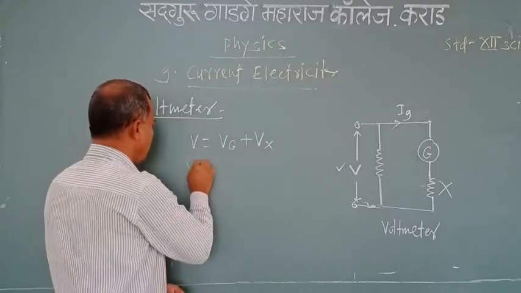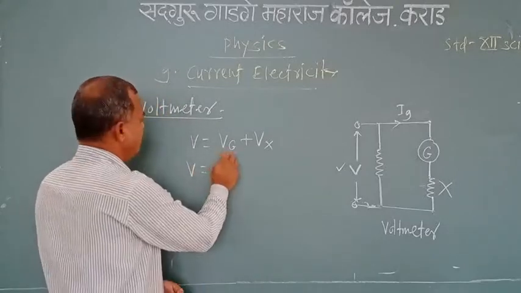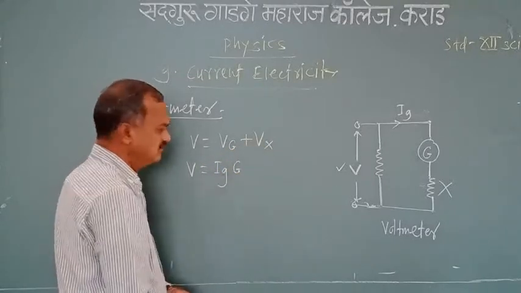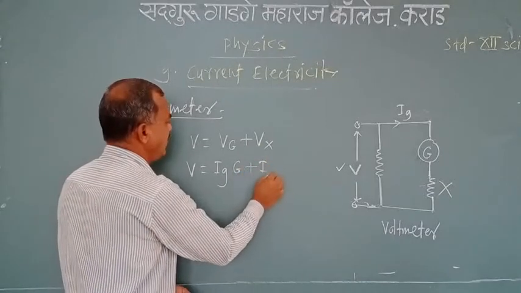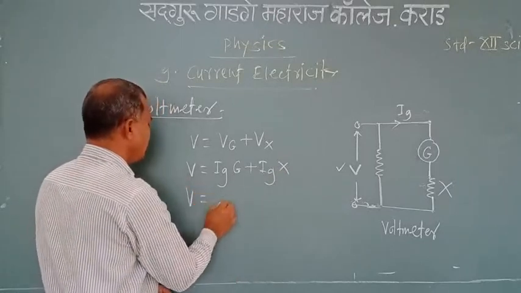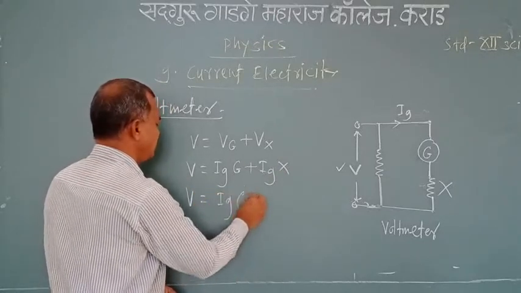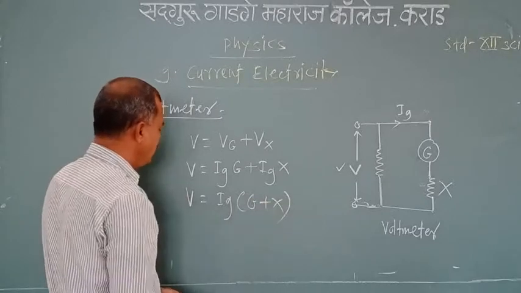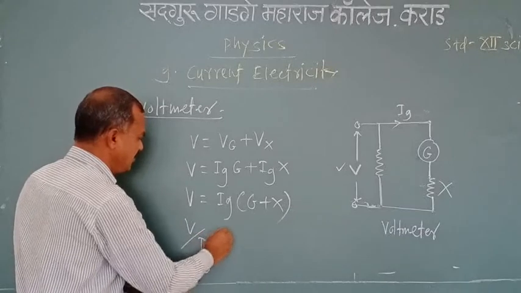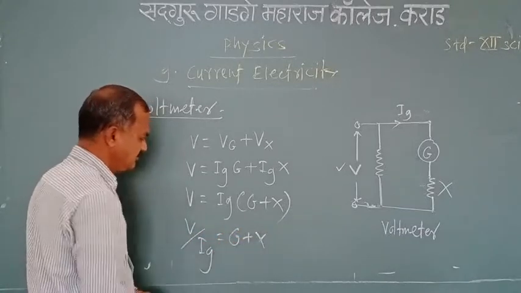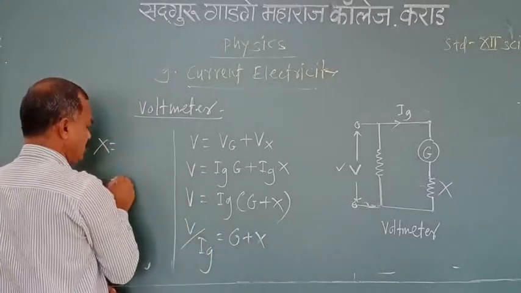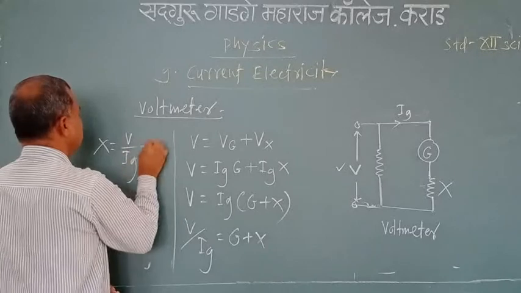Using Ohm's law, V is equal to IR: the current flowing through G, Ig, into the resistance of G, plus the current through the high resistance, Ig, into the resistance X. Take the common term outside: Ig into bracket G plus X. Then divide by Ig, that is V divided by Ig equals G plus X. Lastly, X equals V upon Ig minus G.